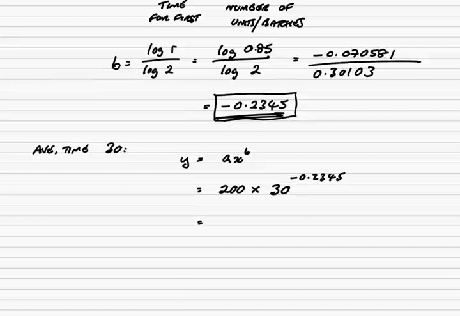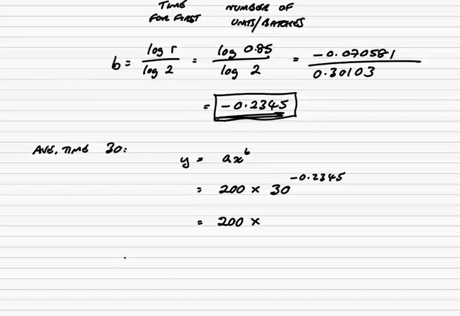Now, this bit you're certainly going to have to do yourself. And I'm afraid, again, you are going to have to experiment with your calculator, or look at the instruction book, because different calculators take input in different ways. But I'll tell you slowly what I do on mine, though not all calculators do it this way. I want 30 to the power 0.2345.